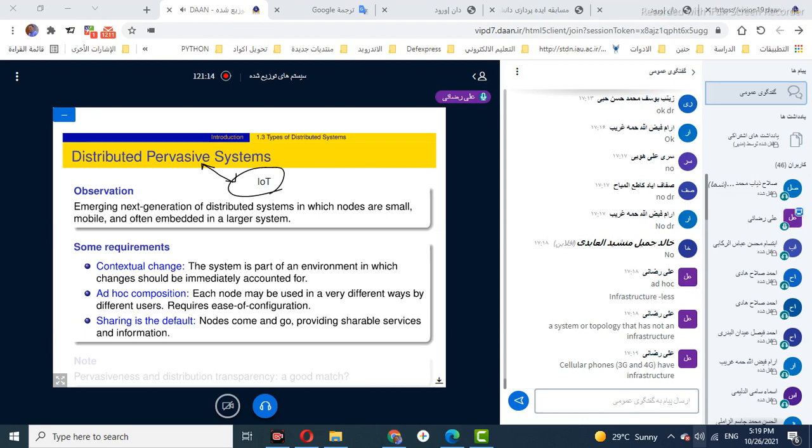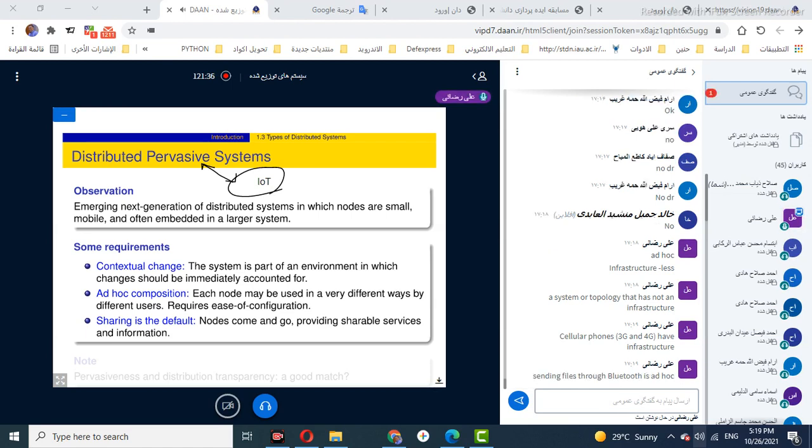So calling through cell phones uses a specific structure. But, for example, sending files through Bluetooth is ad hoc because you don't need any infrastructure to perform this.